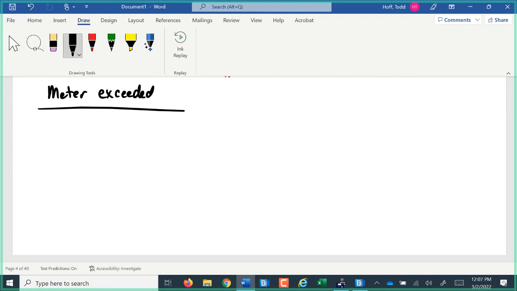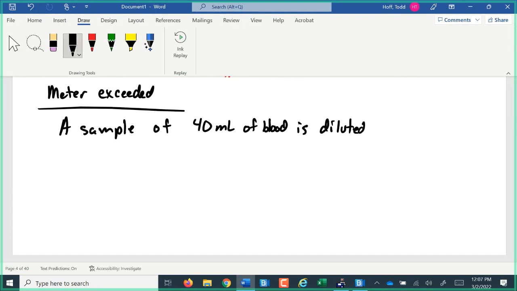Let's say that a sample of 40 milliliters of blood is diluted with 60 milliliters of saline.